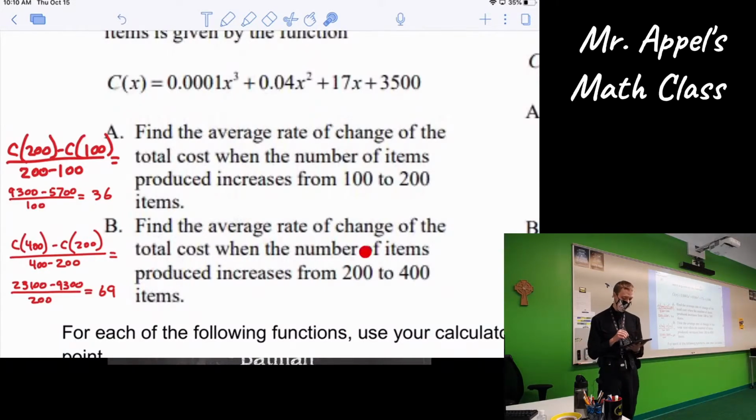And part B, same process, except now we're given from 200 to 400. So we're going to plug 400 into our function. We'll plug 200 into our function. We'll get these two numbers. We will subtract them.